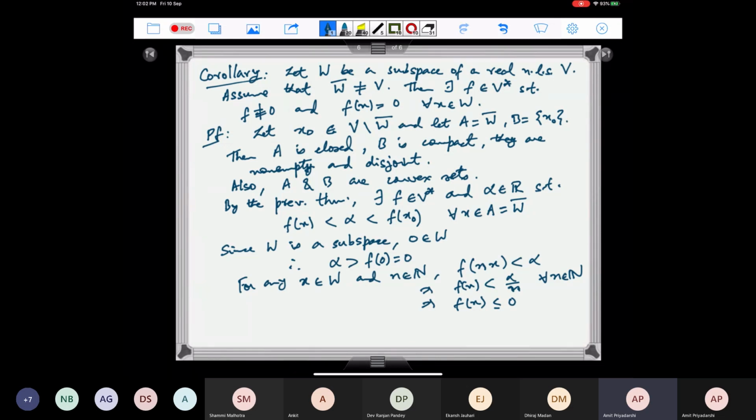But then you can replace x by minus x. So f(x) is less than or equal to 0 for all x in W. This will imply that f(-x) is also less than or equal to 0 for all x in W. But this implies f(x) has to be bigger than or equal to 0 for all x in W. So therefore f(x) has to be 0.